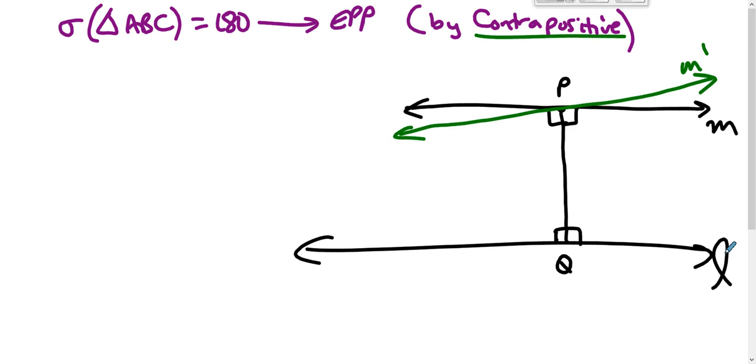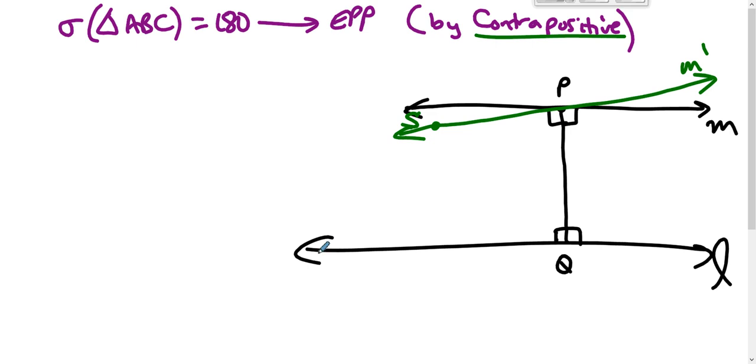So here's what we do. We pick a point S on line M prime on the Q side of line M. So if this line is parallel to line L, some of it is on the L side of M and some of it's on the other side of M. We pick a point S on the Q side of line M.